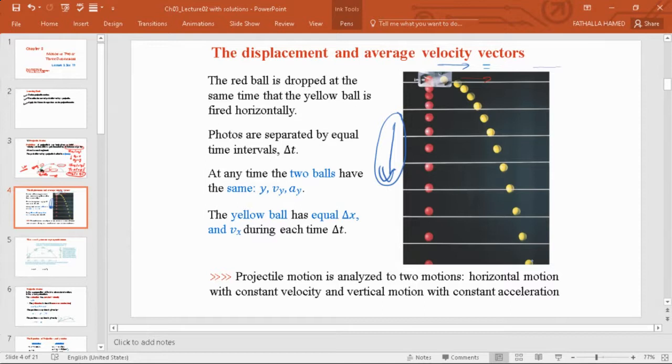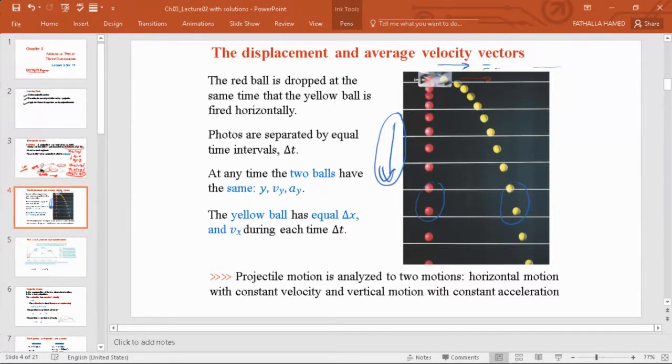Now, if you concentrate on this position here and this position here along the y direction, you will find it's the same. In this, it's released from rest and it's falling down under the action of gravity. In this situation here, you're firing the ball horizontally, but along the y direction, it's like a dropping.